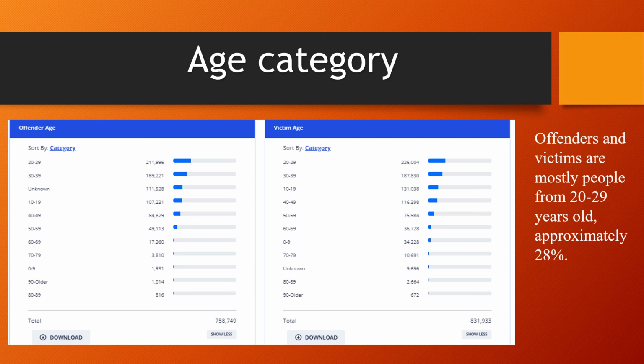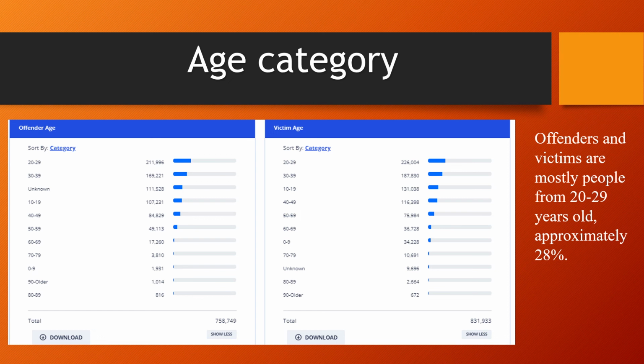Surprisingly, there are a lot of people from 10 to 19 who are offenders, specifically 14%, even more than people from 40 to 49 years old, who represent 11%. The most unexpected thing we found was that people from 0 to 9 years old have 0.25% of offenders. The only good news is that people 90 and older are the least crime victims with 0.08%.